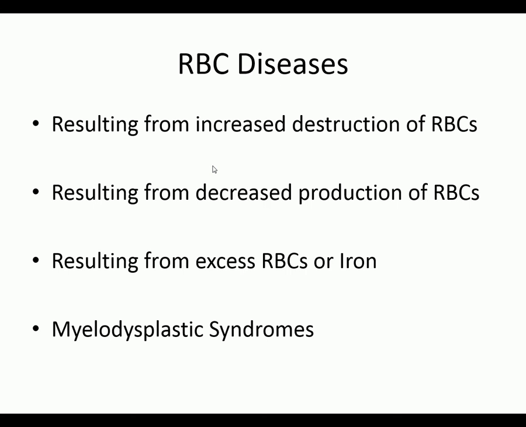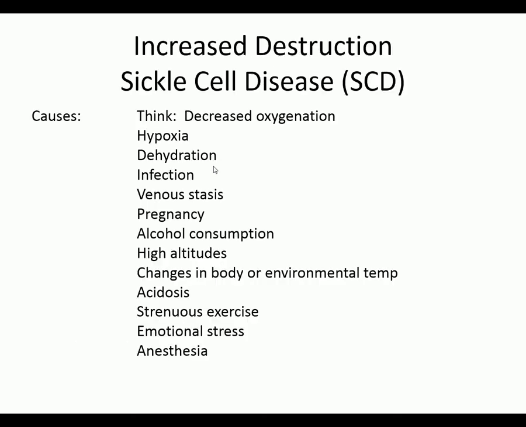They can result from an excess of red blood cells and iron, and this is going to be your polycythemia vera and your hereditary hemochromatosis. Okay. And you can have myelodysplastic syndromes, which you will see with anemia, neutropenia, and thrombocytopenias. Okay? We're going to talk about these separately.